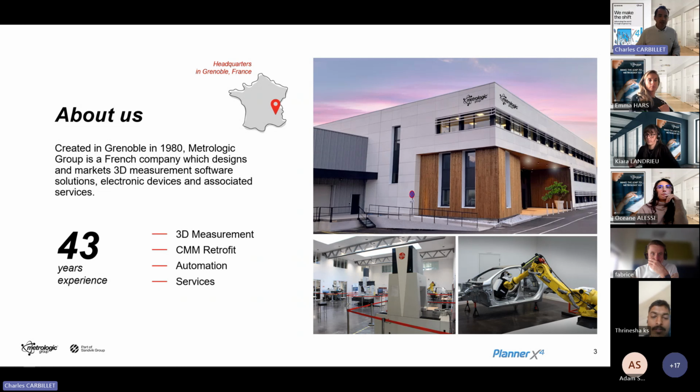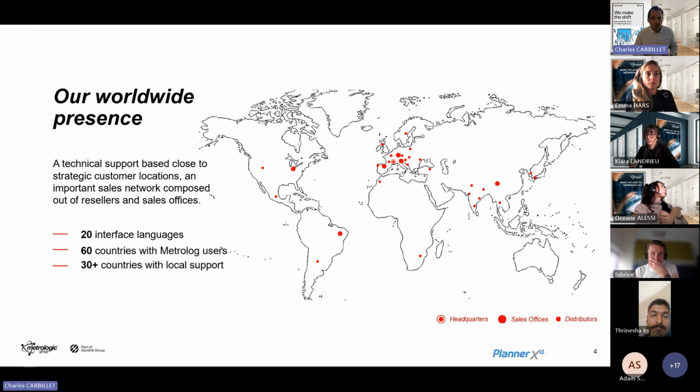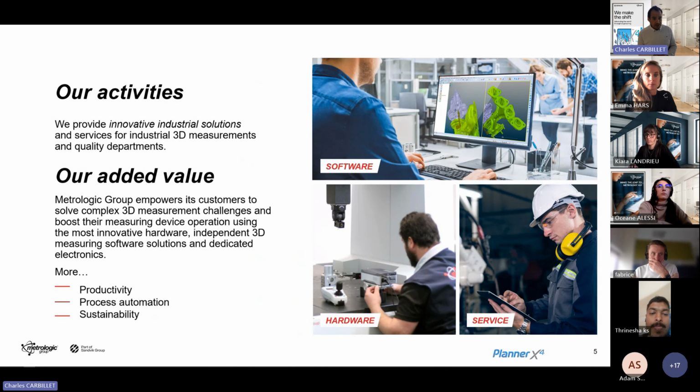We are also located everywhere to support you in different countries and regions, through different interface languages, in around 60 countries in the world. Our main activity is to provide you software applications, hardware in case of CMM retrofit, and services around the software and the CMM device.